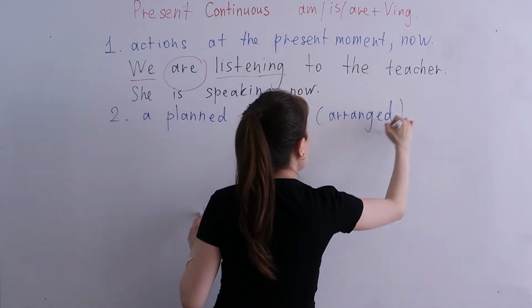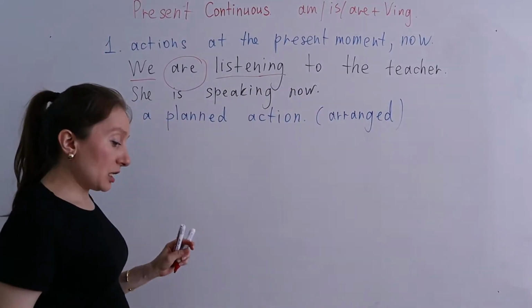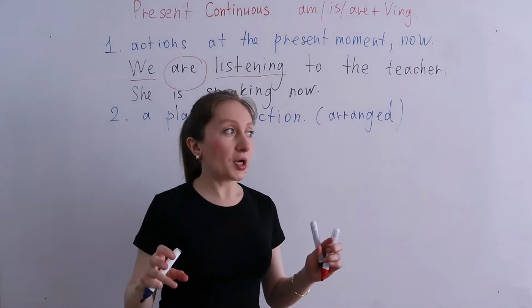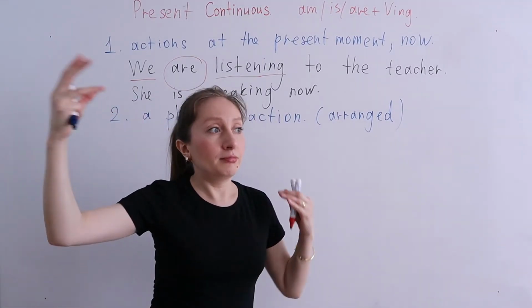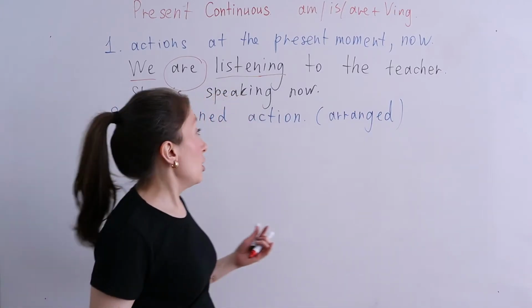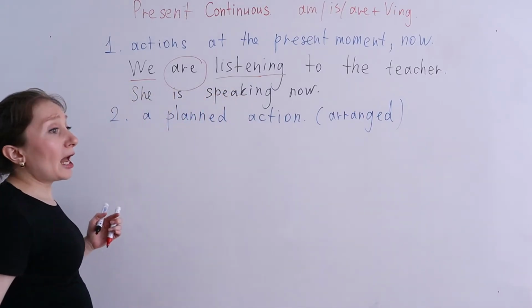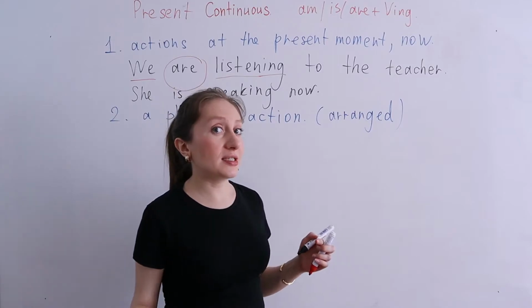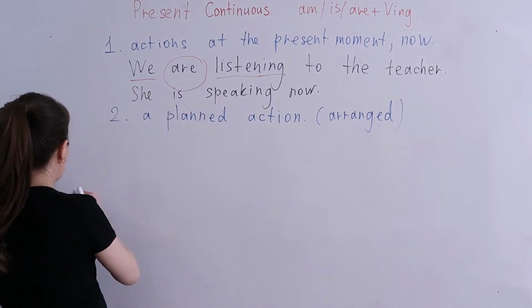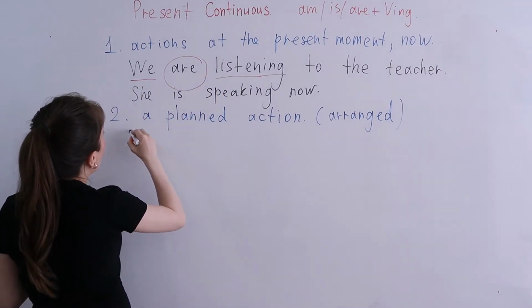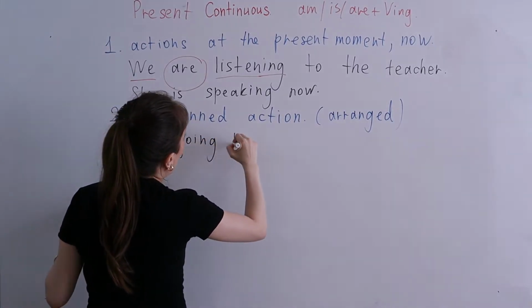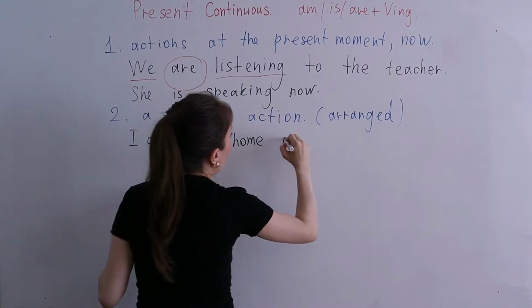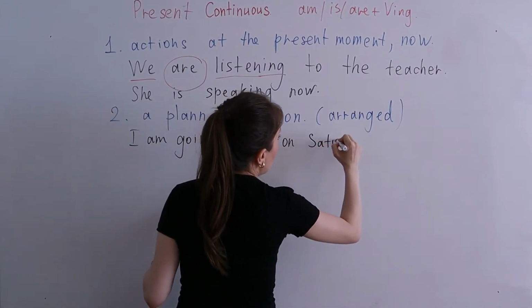You can translate this word arranged. Arranged, it means that everything is organized, everything is ready for something, for your plans in the future. For example, I am going home on Saturday, right?